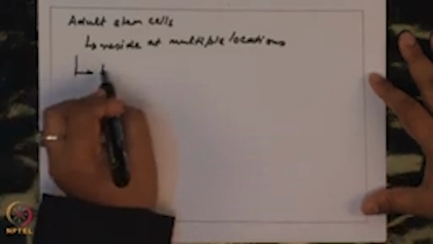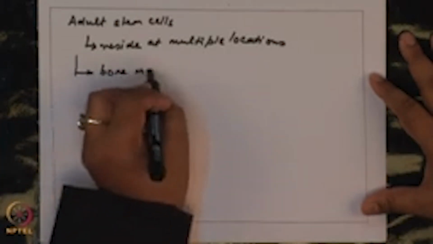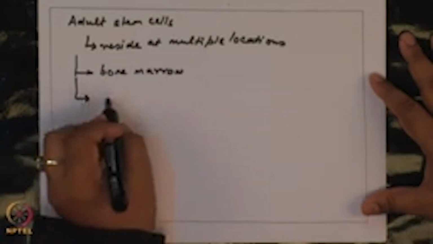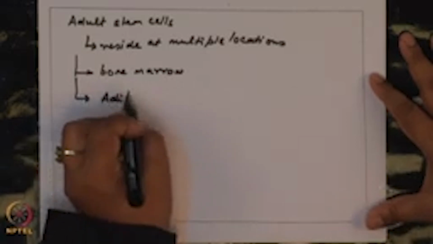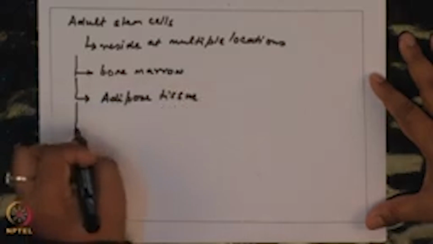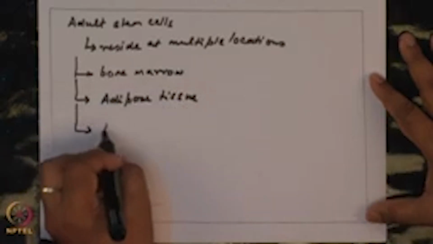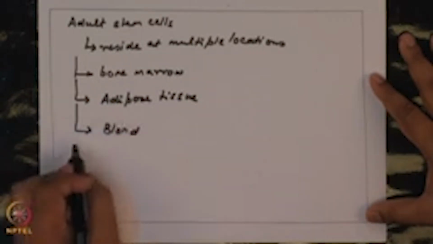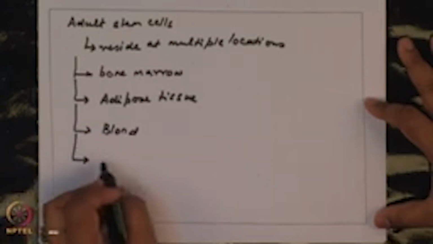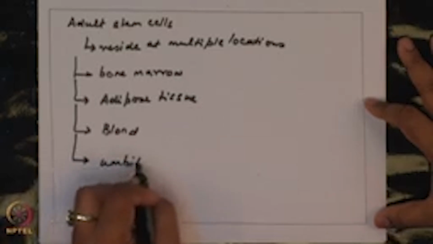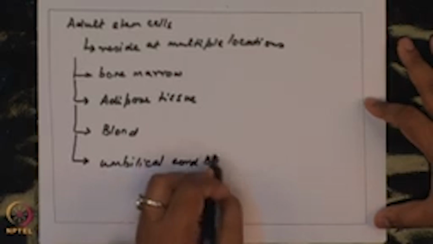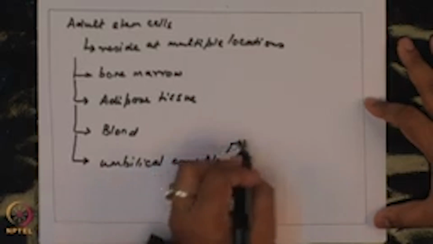One of them is from bone marrow, one of them from adipose tissue. You can isolate them from blood, or you can isolate from umbilical cord. So, this is right after birth.